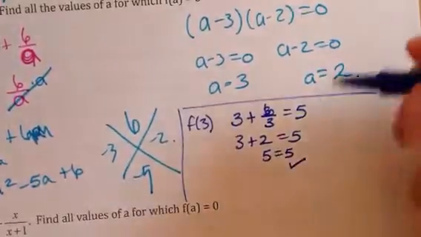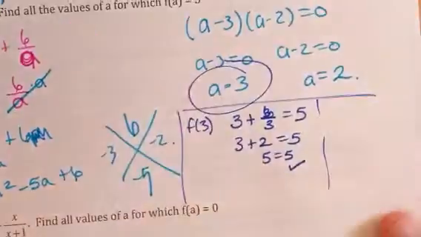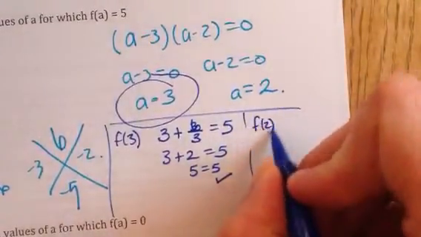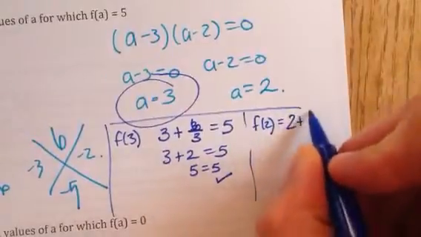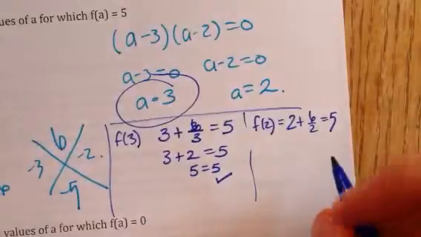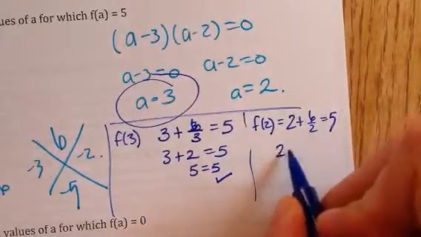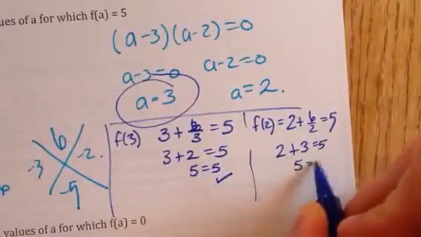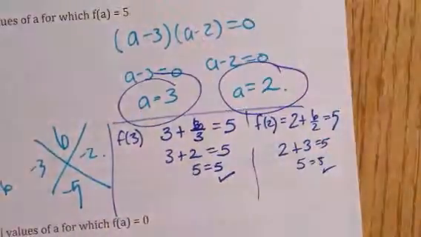So 5 equals 5. So 3 is a solution. So then we try with 2. So f of 2 would equal 2 plus 6 over 2. Does this equal 5? And so you would have 2 plus 6 divided by 2 is 3, and 5 is equal to 5. So therefore both of them are a solution.